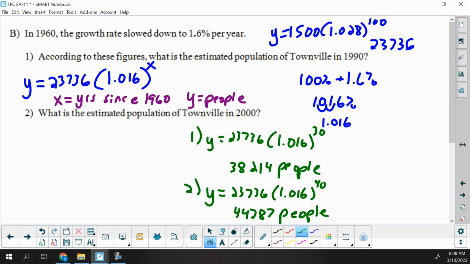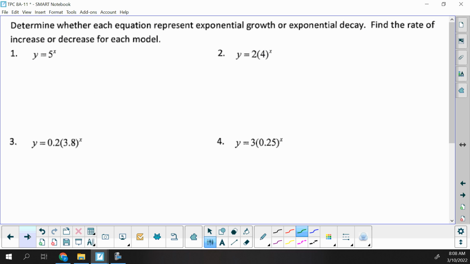All right, let's flip over to the homework. We're going to set that up, and then any time left in the period, you can work with that. So the top 4 here, we want to know if it represents exponential growth or exponential decay. Well, when you have y equals a times b to the x, you would look at the b value to determine that.